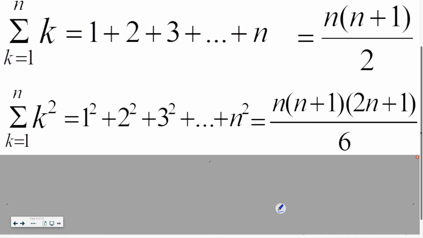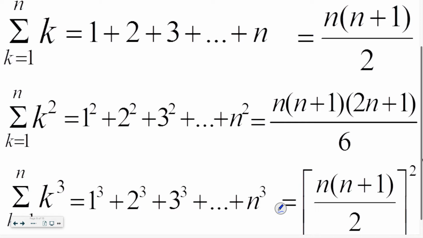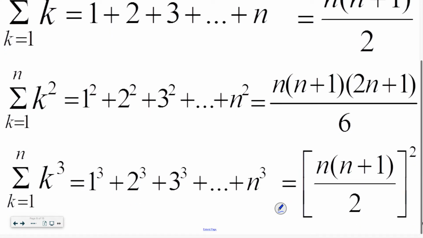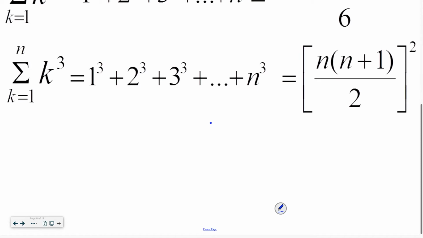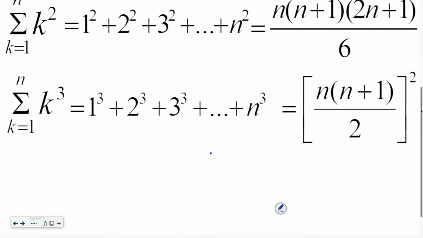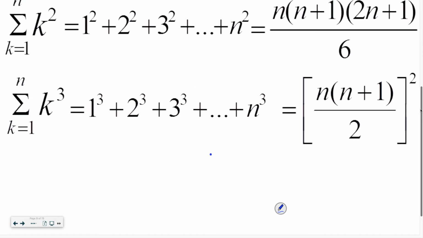And one more shortcut. I'm hoping that you see a little bit of a pattern here. If we have the sum from 1 to n of k cubed, instead of taking 1 cubed plus 2 cubed plus 3 cubed, etc., we can take n times n plus 1 over 2, the quantity squared.